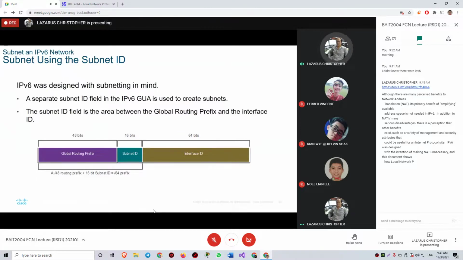Recall that IP version 6 is a 128-bit network address. So we have the global routing prefix that is used to provide the IP version 6 global unicast address, and it's reserved for 48 bits.